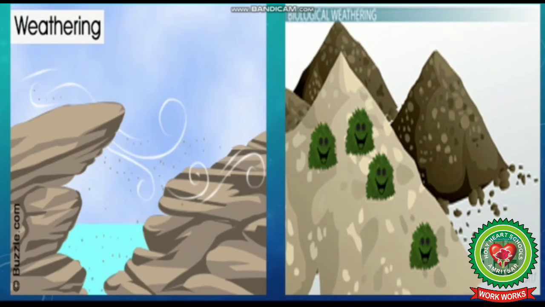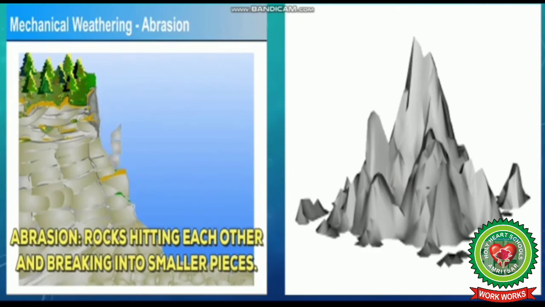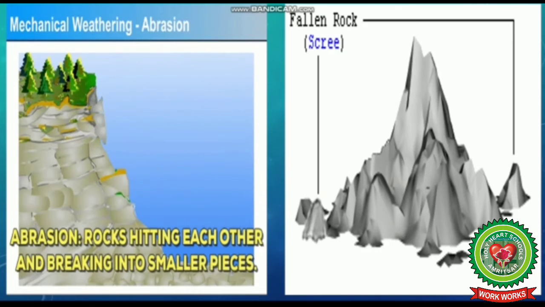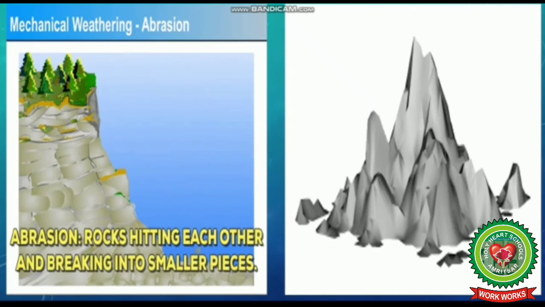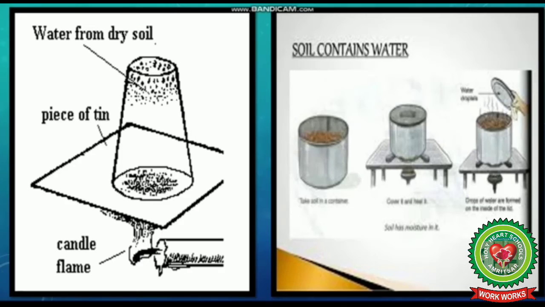So the rocks crack and break up into small pieces which further break into even smaller pieces. When these pieces get really small, they turn into soil. Students, this proves that soil contains water, and the water trapped in the soil is called moisture.